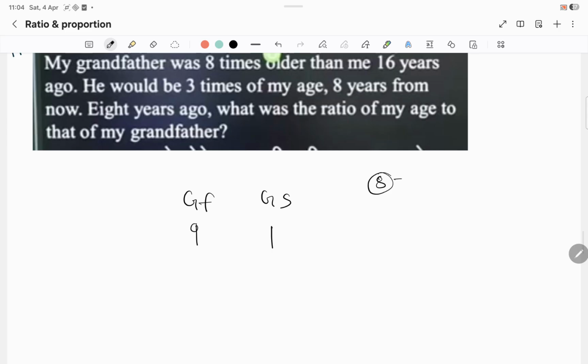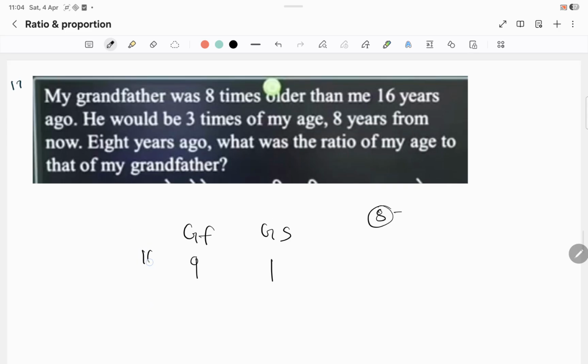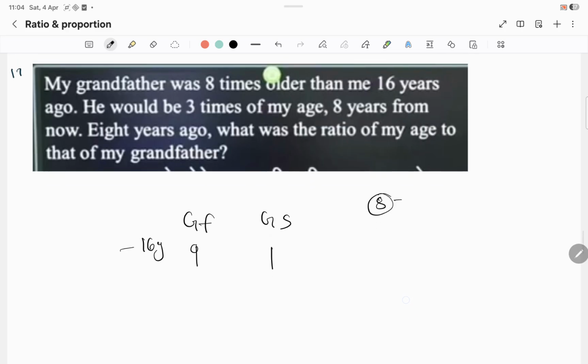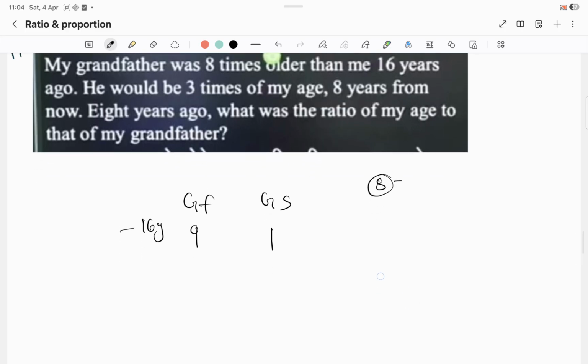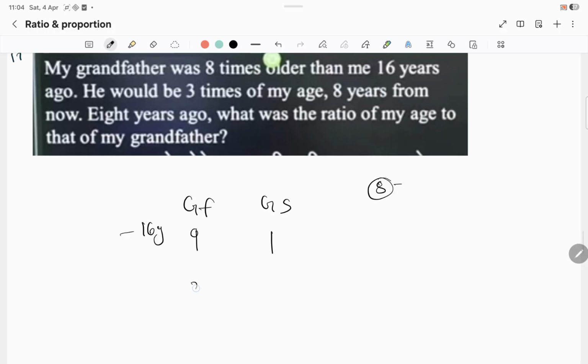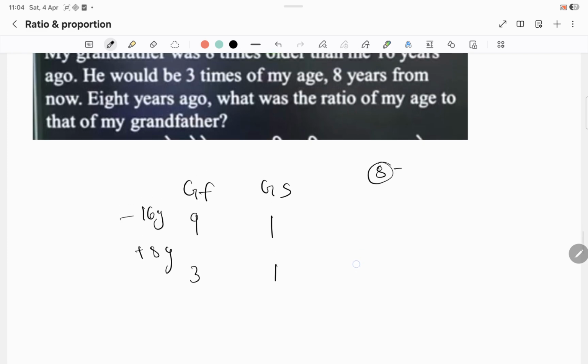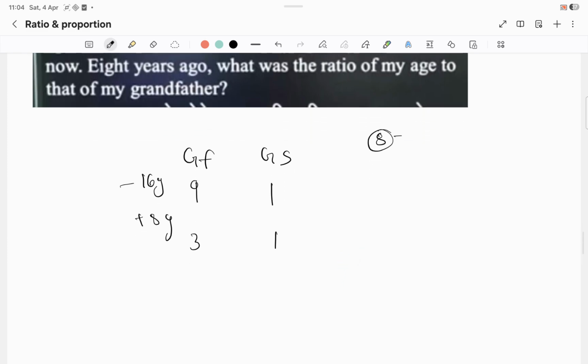That is 16 years before. Then 8 years from now, he would be 3 times my age. Then what was the ratio of my age to that of my grandfather? They are asking my age to my grandfather's.